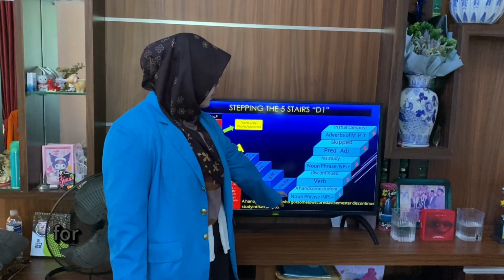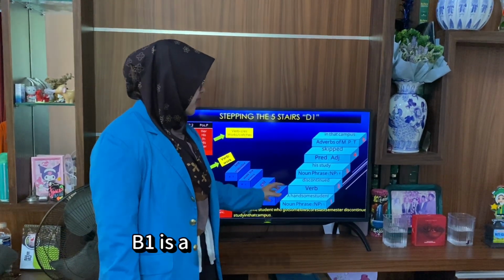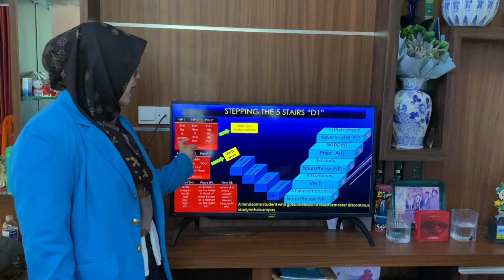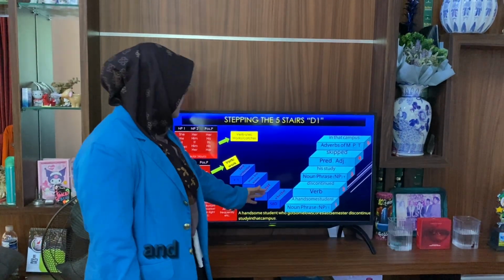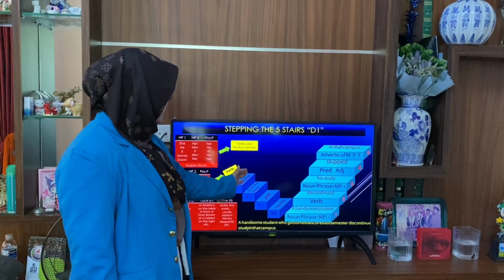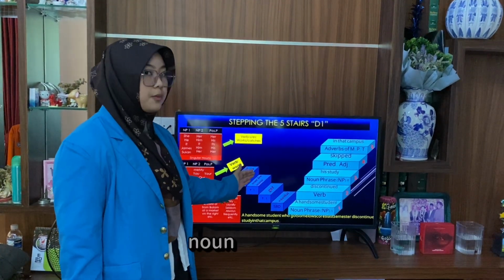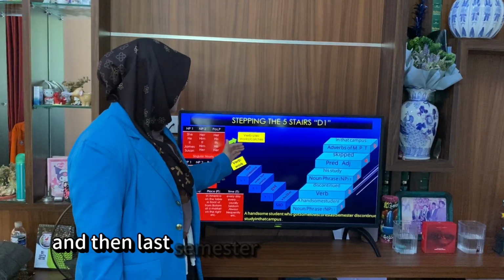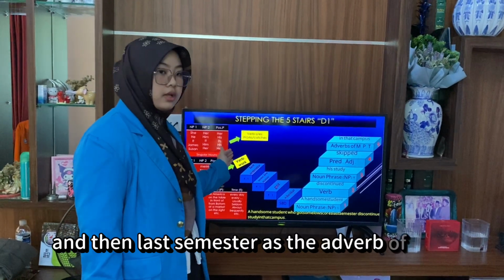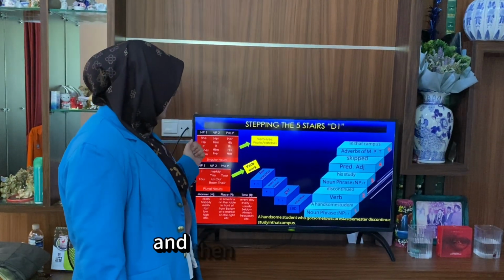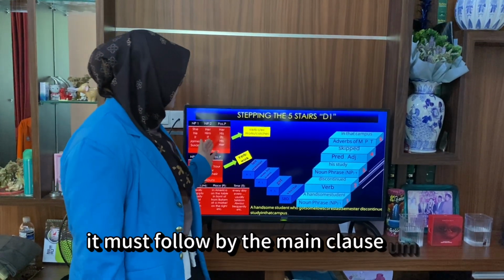Because the subject or the noun phrase 1 is a handsome student, it must be followed by who as the subordinating conjunction, and then got as the verb, and then some low scores as the noun phrase 2, and then last semester as the adverb of time. And then after that, it must be followed by the main clause.